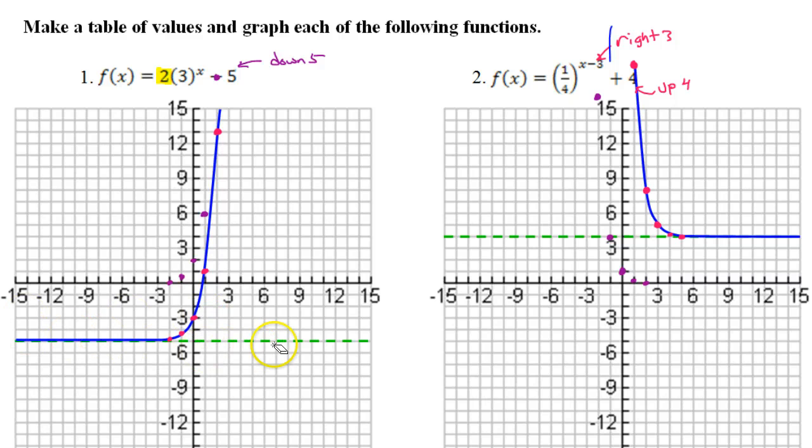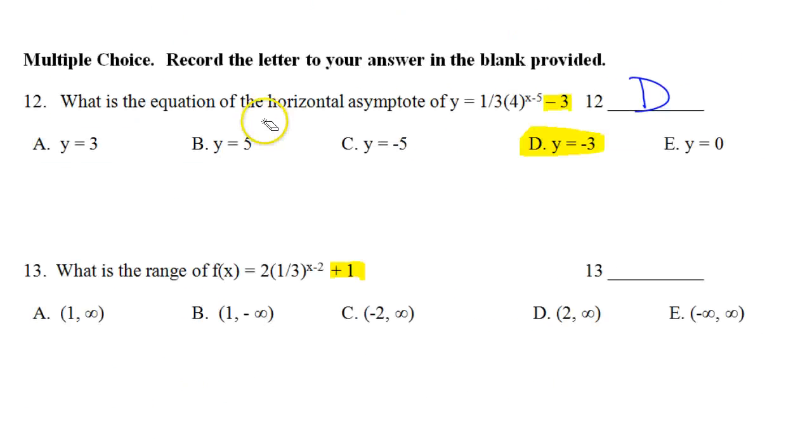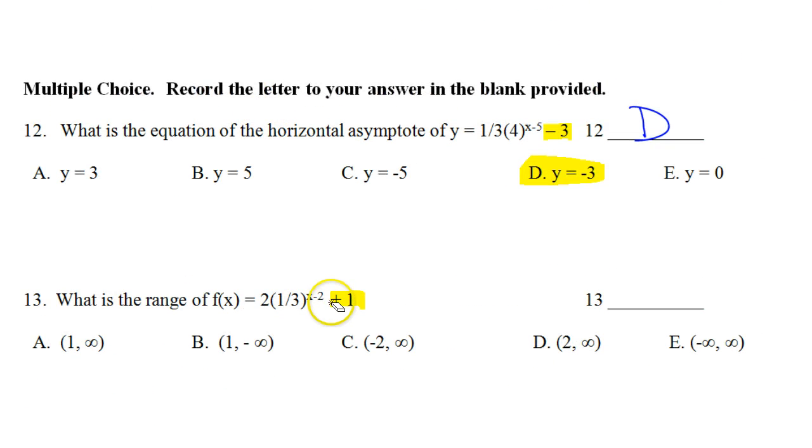If the asymptote was -5, and as long as there's no reflection, then the range will be -5 to infinity. So on this one, the range will be from 1 to infinity. So that is A. That's all there is to that, so that's A.